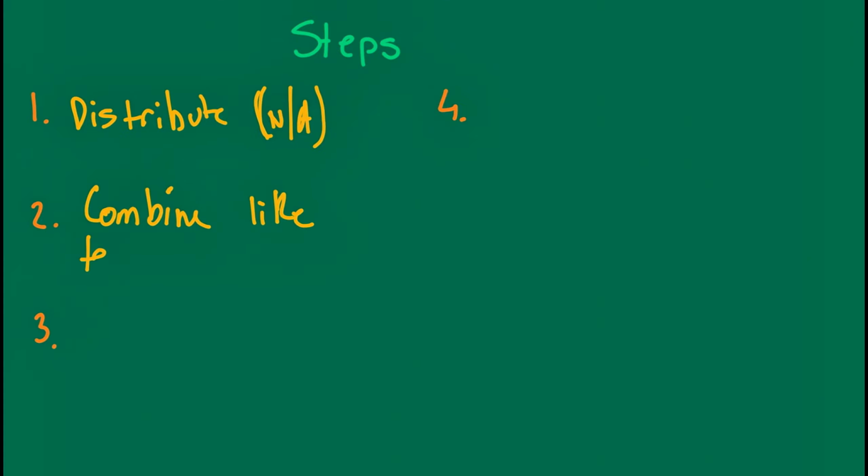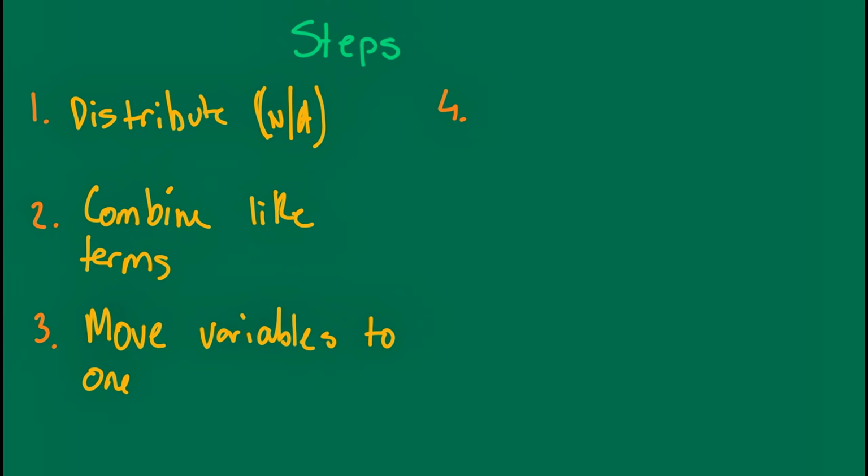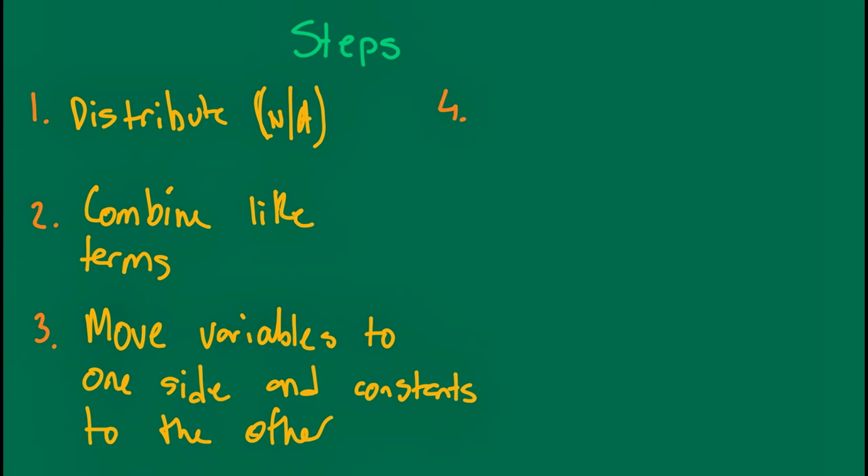The third step is to move the variables to one side and the constants to the other side. And the last and certainly not least step is to use inverse operations to isolate the variable.